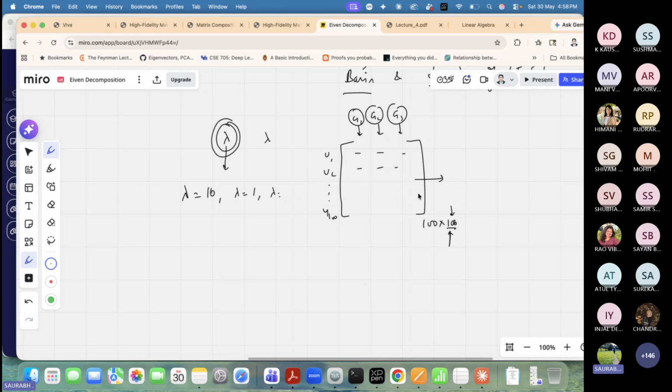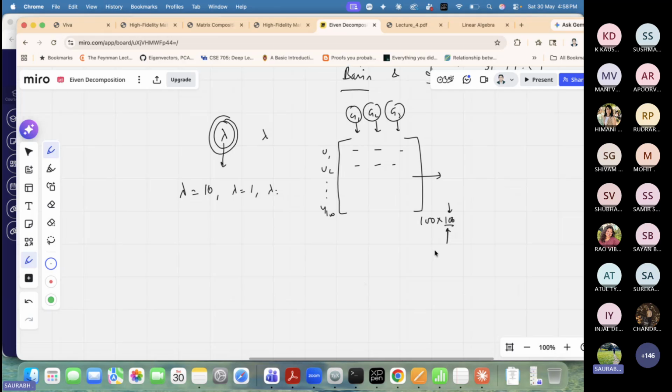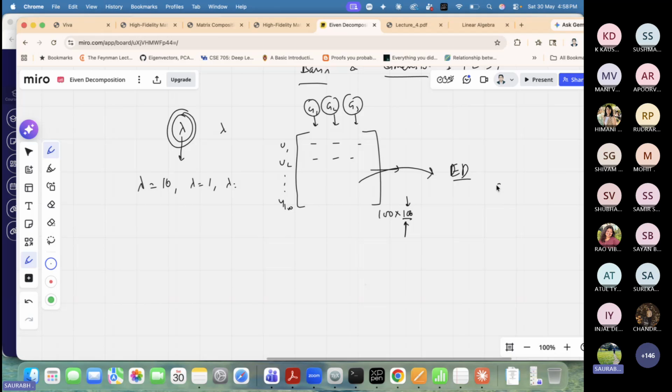Now, because this is a 100 cross 10 matrix, a non-square, rectangular matrix, you cannot find an eigen decomposition. The problem with eigen decomposition is it only works with a square matrix.